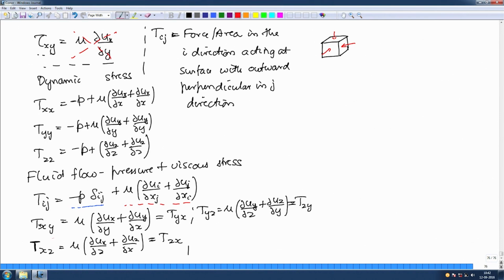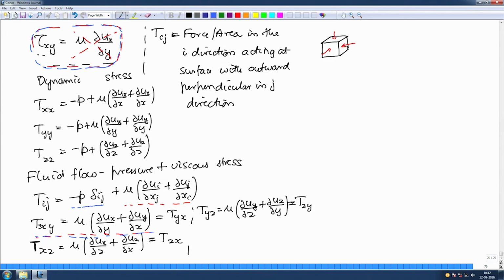So, this is the actual expression for the stress tensor, a generalization of this one. The expression that I had used earlier is valid only when uy is equal to 0 and ux is only a function of y, whereas this one is the more general expression for the stress tensor for an incompressible Newtonian fluid.